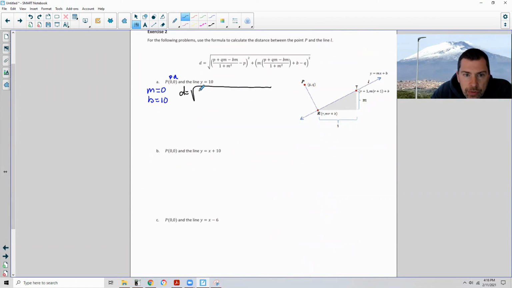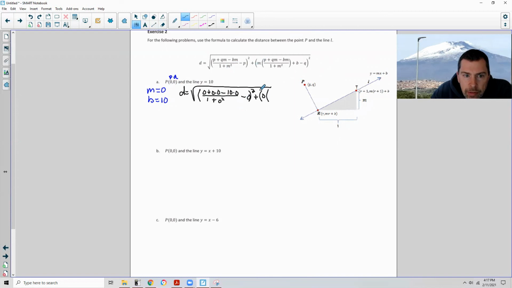P, 0. So I'm going to put my parentheses, 0 plus Q, 0 times M, which is 0, minus B, which is 10, times M, which is 0, all over 1 plus M squared, minus P. Close the parentheses, squared, plus parentheses, M, 0.